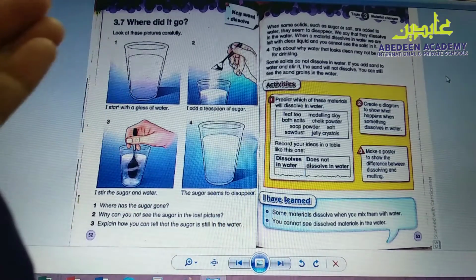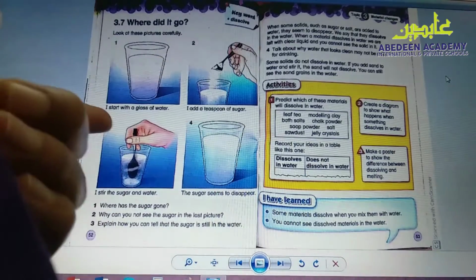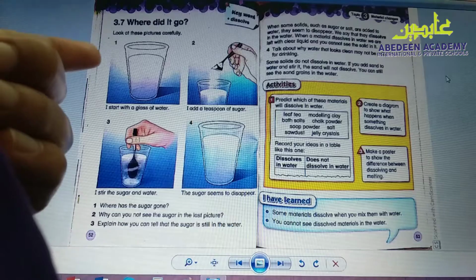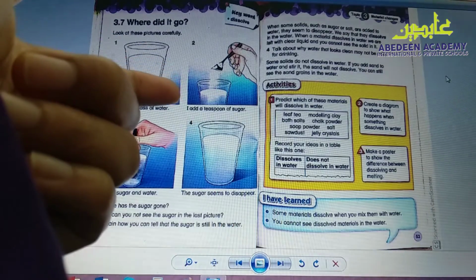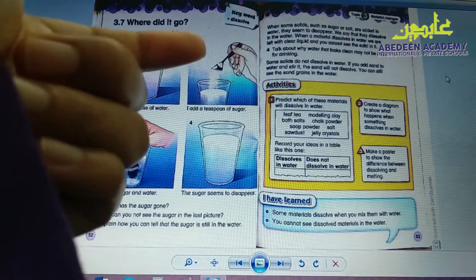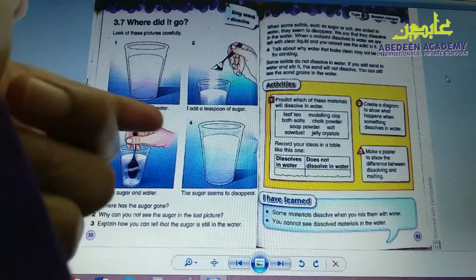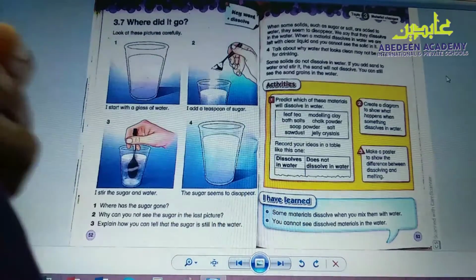Alright, so look at these pictures carefully. There are 4 pictures over here. Number 1 is a glass of water. Number 2 is a teaspoon of sugar. Sugar is a material. Remember that sugar is a material. You add the sugar to the water.